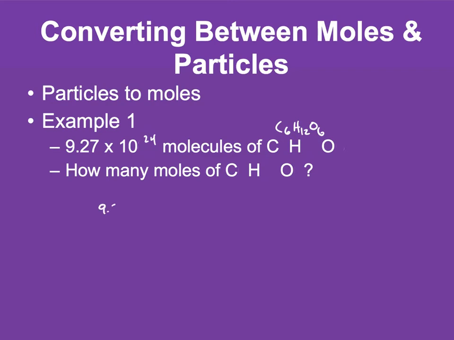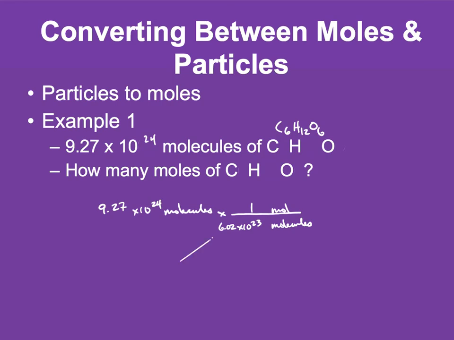Well, we're starting with 9.27 times 10 to the 24th molecules. We're going to multiply that by some fraction here, our conversion factor. This time I want molecules on the bottom, and I want moles at the top because that's what I'm solving for. So 1 will be up there, and this, of course, will be 6.02 times 10 to the 23rd.